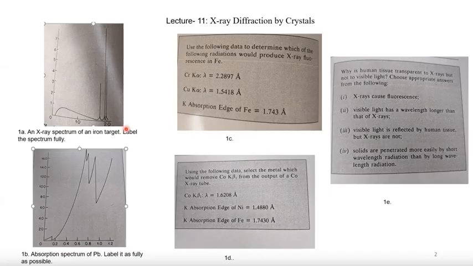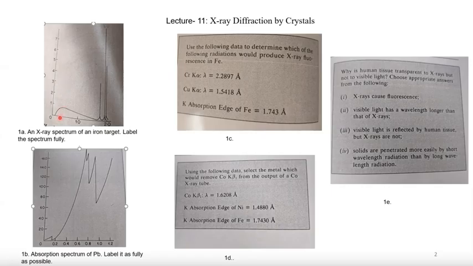We have been seeing the iron spectrum, the X-ray spectrum of a target metal. But now labeling it, what does it mean? It means that we have to identify this peak, these, and other peaks. And also, do not forget, we have to identify the x-axis and y-axis.